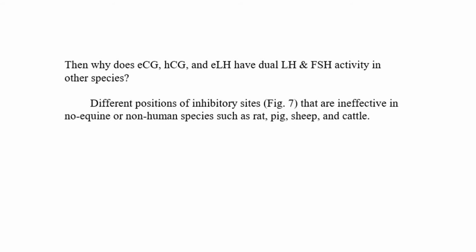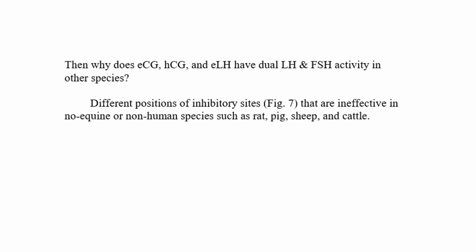Well, ECG, HCG, and equine LH must have different positions of that thumb sticking out there, which is the inhibitory site, that are ineffective in non-equine or non-human species such as the rat, pig, sheep, and cattle.